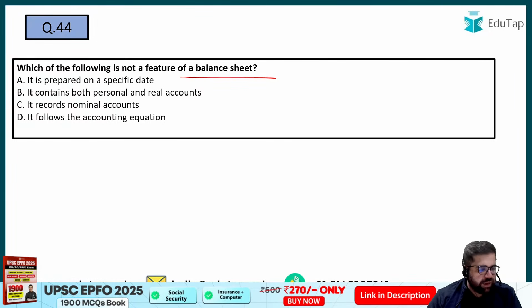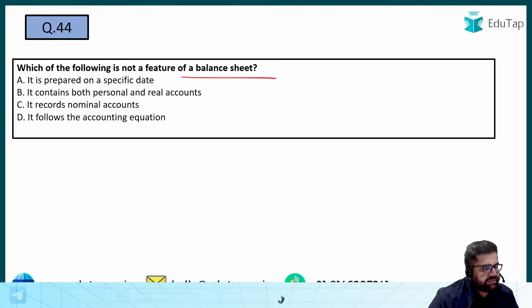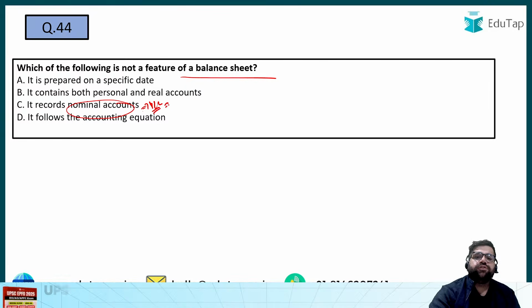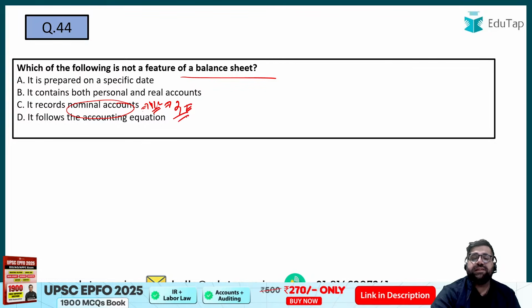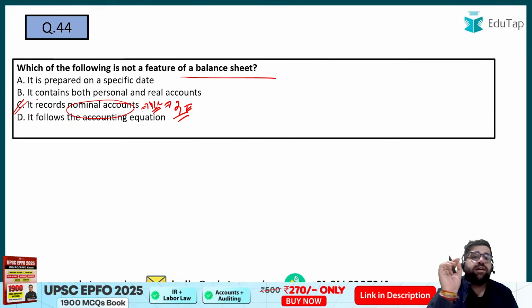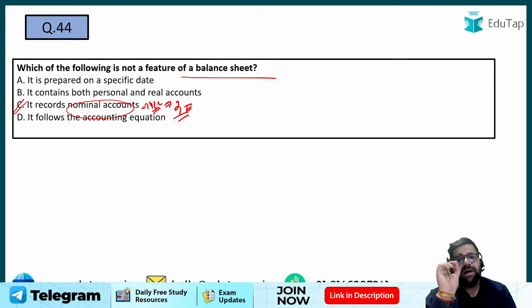What will be the right answer for 44 according to you? Waiting for your answers. Yes, in balance sheet, you will not take any kind of nominal accounts. Nominal accounts are transferred to P&L. So nominal account includes your income and expenses. Therefore, which of the following is not a feature? The answer will be option number C, because nominal accounts are not recorded in balance sheet.